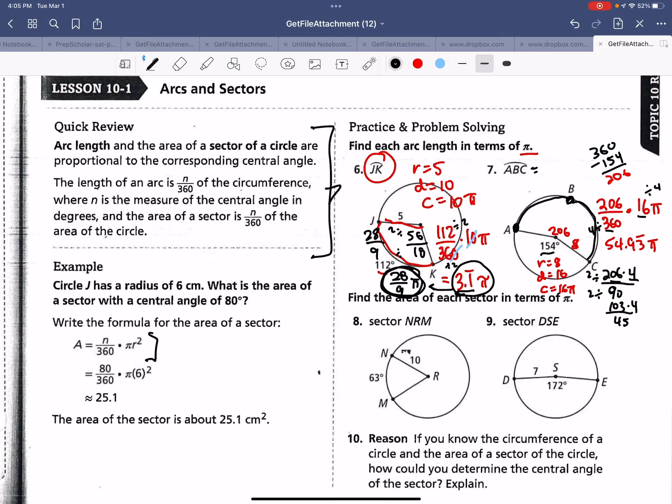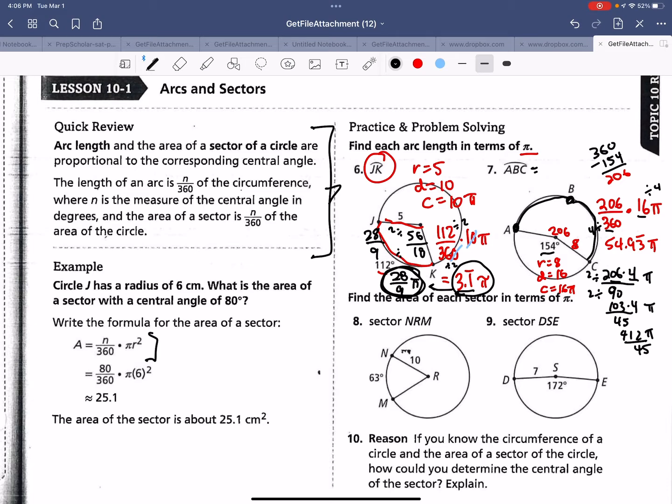So it looks like I got down to close to what I want here, right? 45 is 3 times 3 times 5. So I almost have a prime number in the bottom. Yeah, so 103 times 4. 103 times 4 is 412 pi over 45.